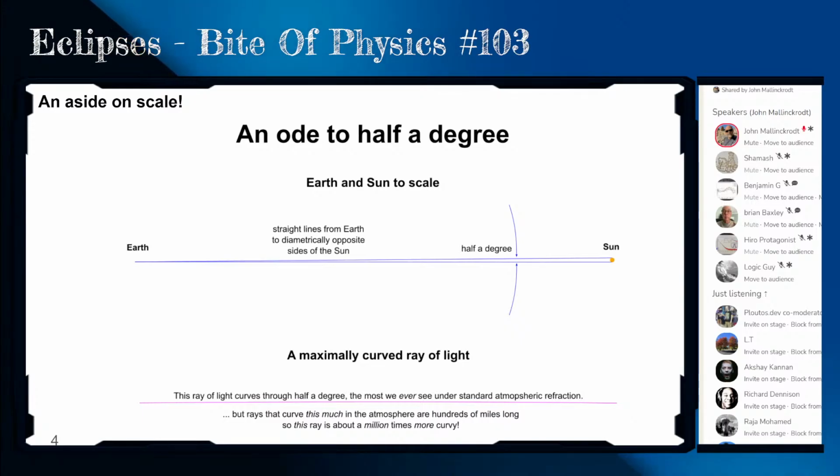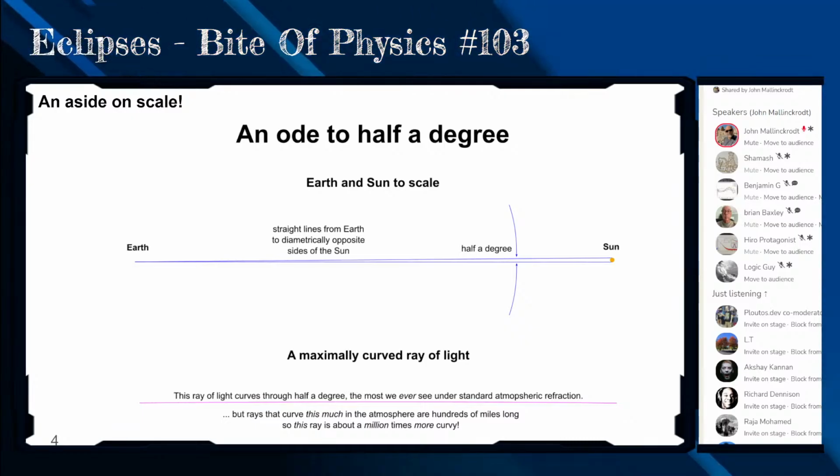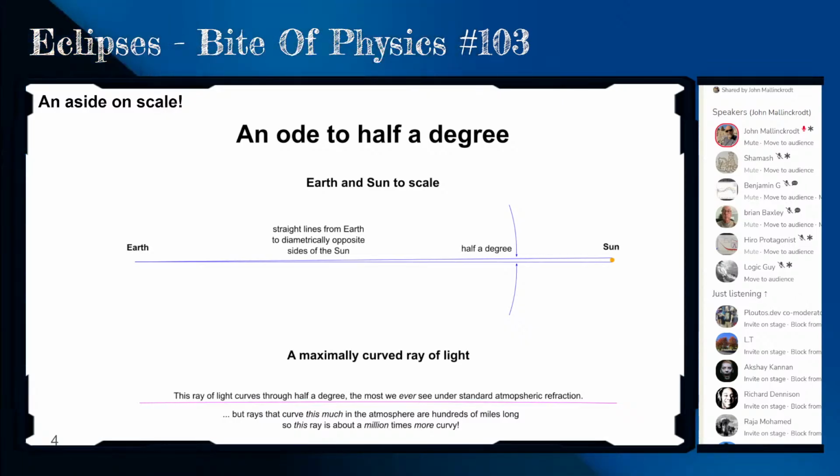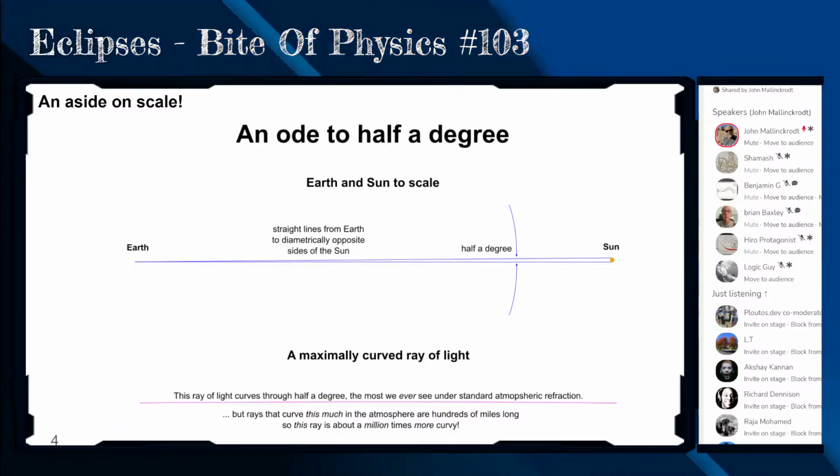In order to do that, it has to travel hundreds of miles. So the curvature of that line is millions of times more curvy than light actually is going through the atmosphere. It barely curves at all. You would never notice that it's curving to look at it, but we do in the sense that it lifts that image. So that's a little business about scale and the idea of half a degree.